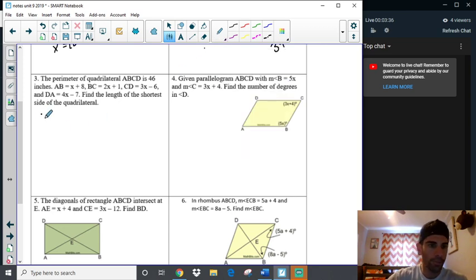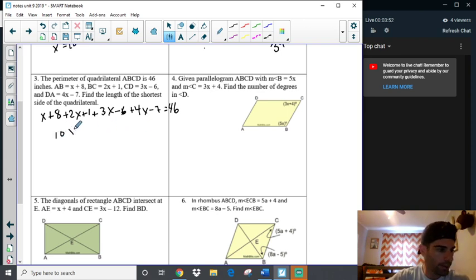So I would do x plus 8 plus 2x plus 1 plus 3x minus 6 plus 4x minus 7 equals 46. Then I'm going to go ahead and do some math and combine like terms. So I'll have 10x minus 4 equals 46. 10x equals 50. And x is equal to 5.